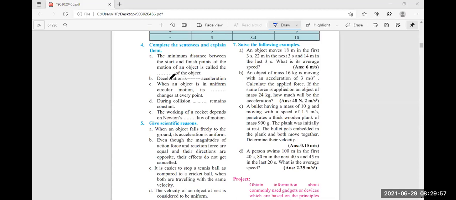Displacement of the object. Very good. Ram Devkar, is it correct? Yes, sir. Very good. Now, second, deceleration is dash acceleration. Yashasri Vidate. Negative. Okay. Trupti Gosavi, is it correct?